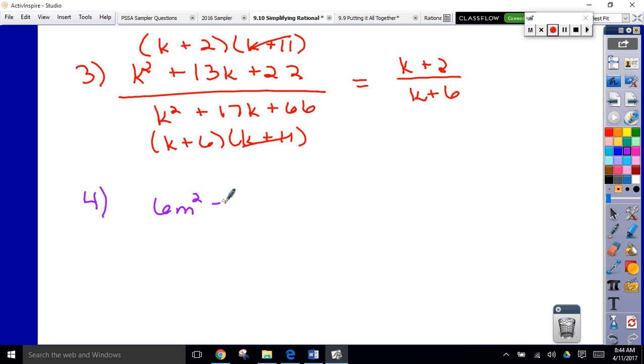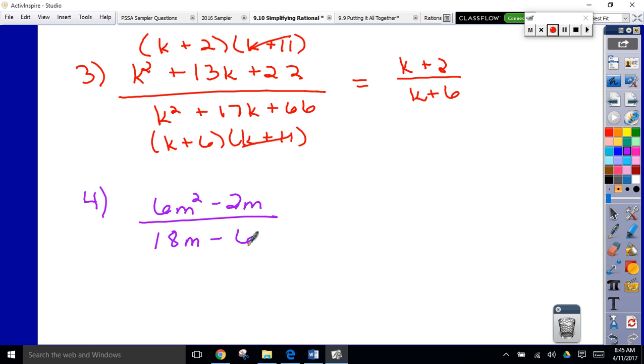(6m) squared minus 2m over 18m minus 6. Bailey, what can we factor out of this one? 2m? Go ahead and try the next couple. Okay, back to you, Bailey.